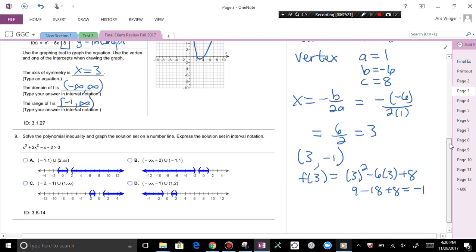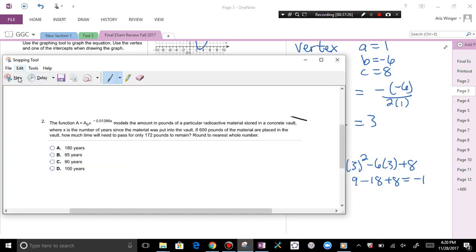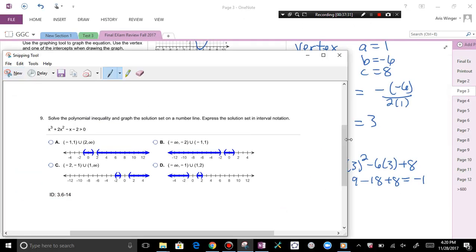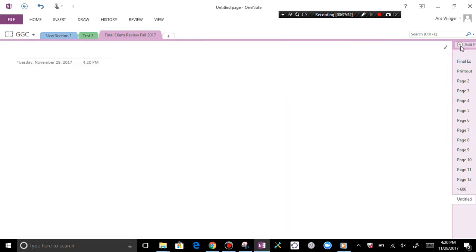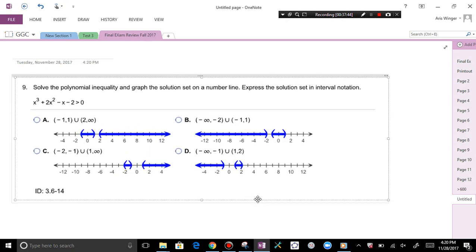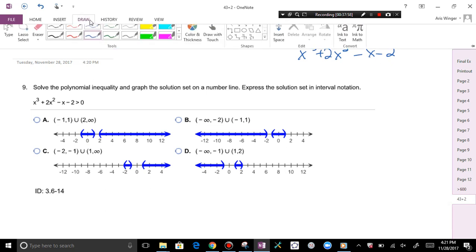Number 9. We're factoring. We're solving an inequality, but we'll need to factor in order to do it. It's x cubed plus 2x squared minus x minus 2. And here we're going to factor by grouping.